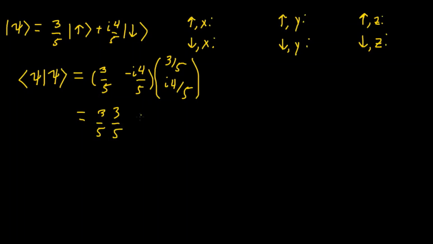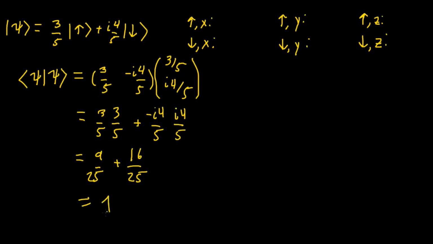Just so everybody's on the same page: 9 over 25 plus 16 over 25. And 9 plus 16 is 25. So this is 1. And okay, this is a good state to talk about.